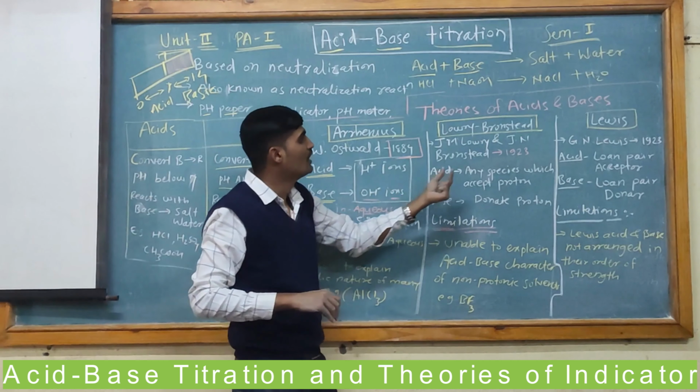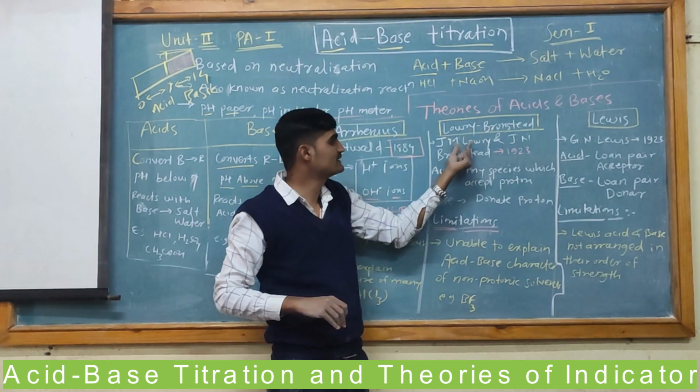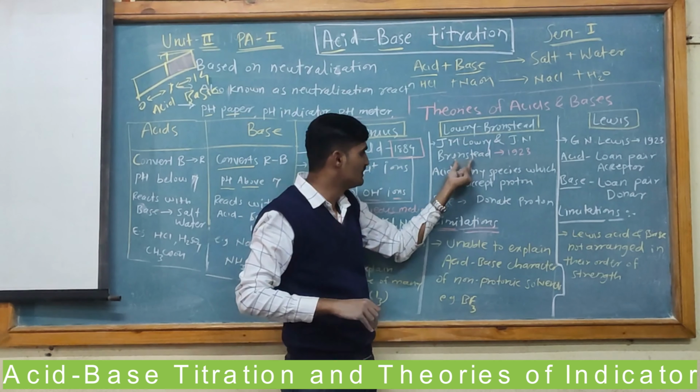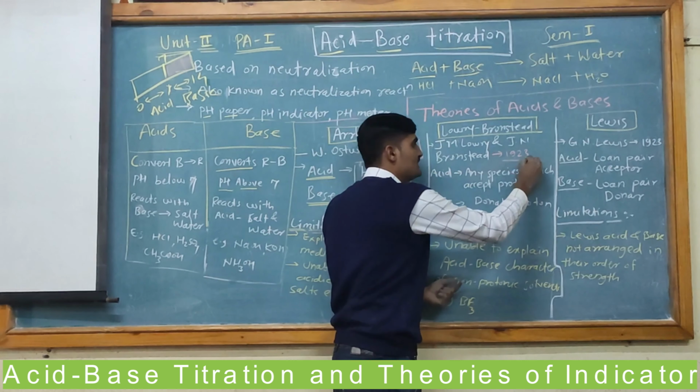The second is the Lowry-Bronsted theory. It was developed by the scientists J.M. Lowry and Johannes Bronsted in the year 1923.